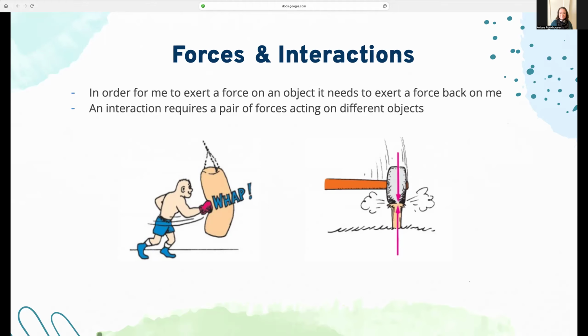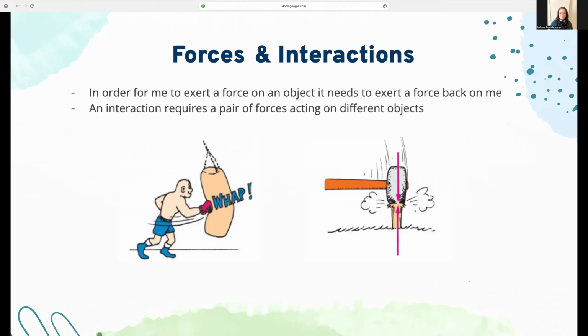We have a boxer hitting a punching bag, and we see that the impact force on the bag moves and deforms the bag, and we see the force on the boxer from the bag because it brings his fist to a stop. So if there wasn't that interaction of forces on both sides, the boxer's fist wouldn't stop, or also the bag wouldn't deform or move.